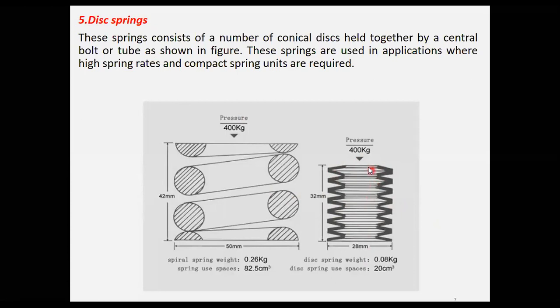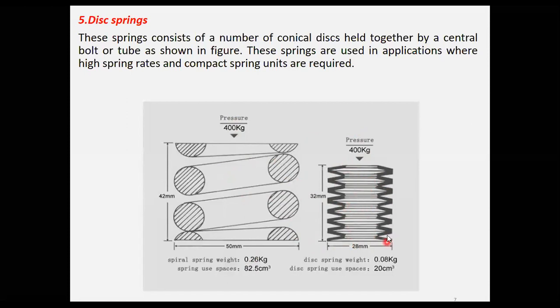And these disc springs are used where there is a high spring rate. If a high spring rate is required, then they will use this disc spring. Here you can see that the load is applied on the disc spring.